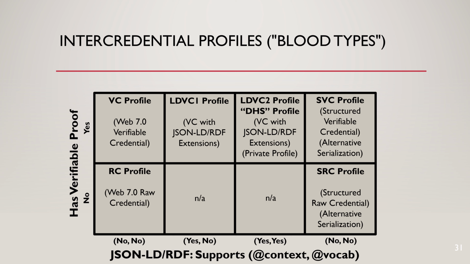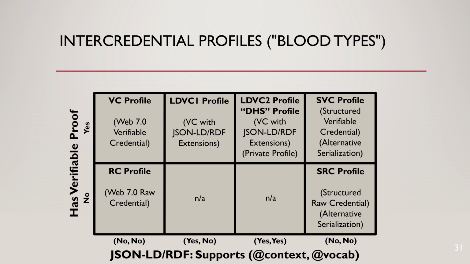Moving one step to the right, we have the LD VC1 profile. So this is the first of two profiles where the Verifiable Credential has JSON-LD/RDF support. In this case, only support for at context. And if you look at the bottom of column 2 there, it says yes, no. So yes to supporting context and no to supporting vocab.